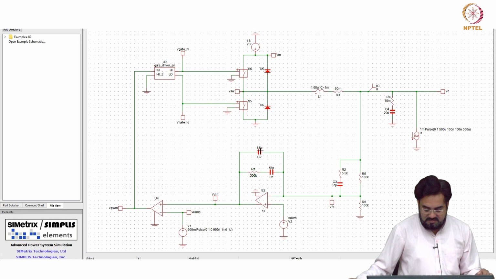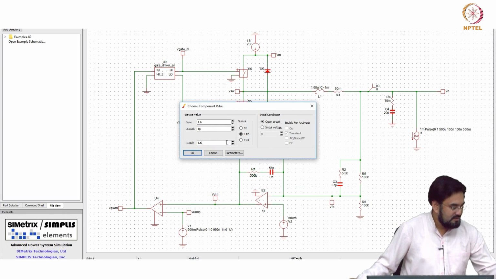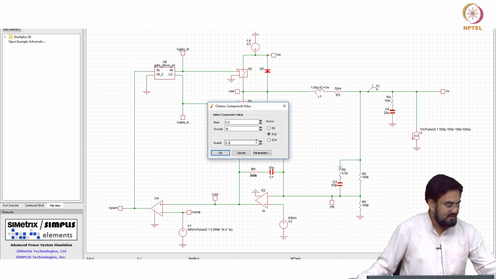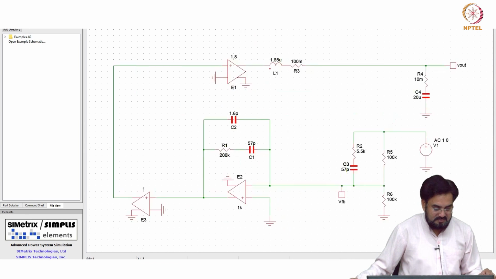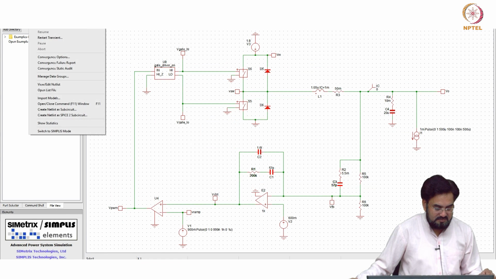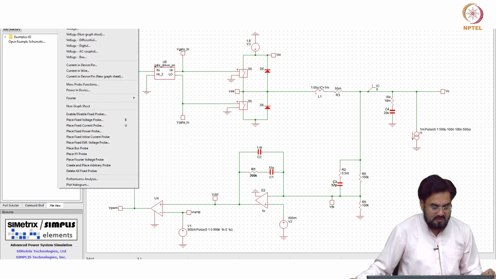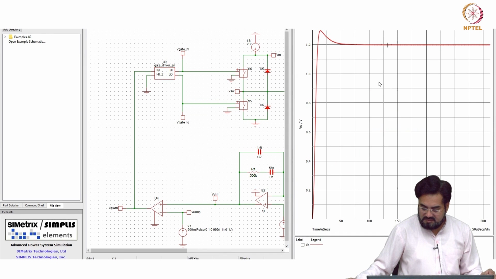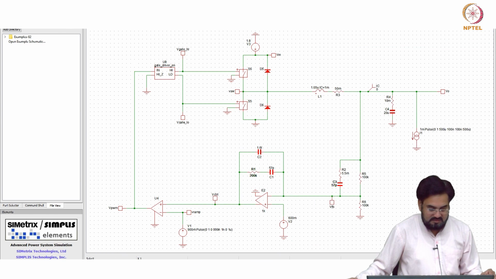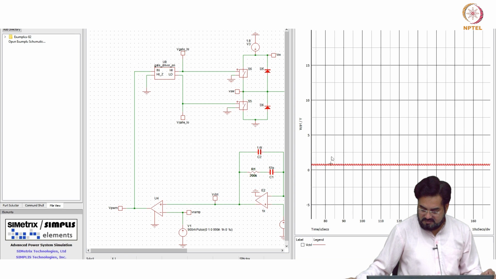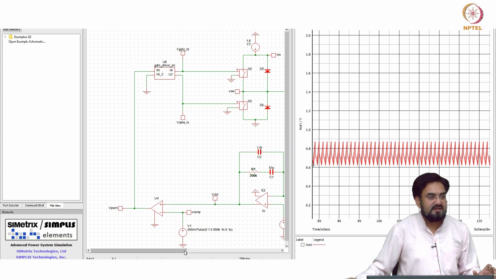57 pico. So I will remove these poles, and we will see how much ripple we are getting here, and then we will add the poles and see what we get. Okay, so the output is settled. Probe voltage. So this is what we are getting here.